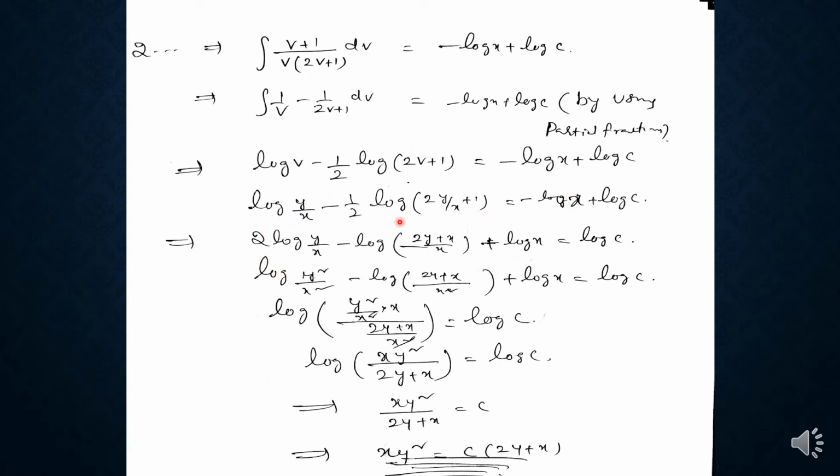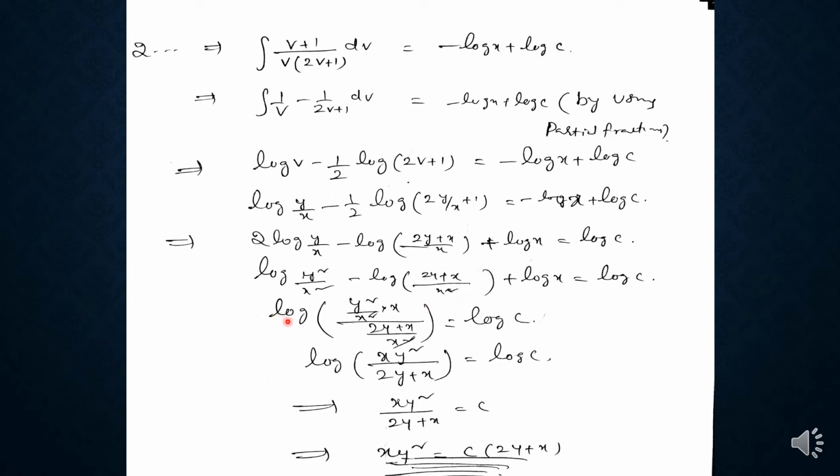By taking 2 as LCM, you will get 2 log y by x minus log of (2y plus x) by x, and minus log x becomes plus log x when it comes here, that is equal to log c. 2 log y by x can be written as log of (y by x) whole square. That can be written as log y square by x square minus log of (2y plus x) by x plus log x is equal to log c.